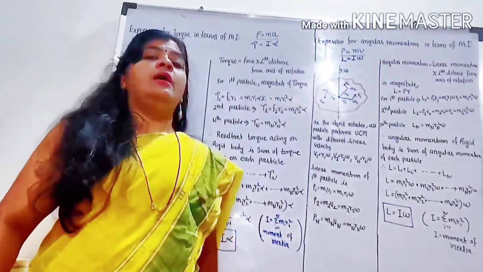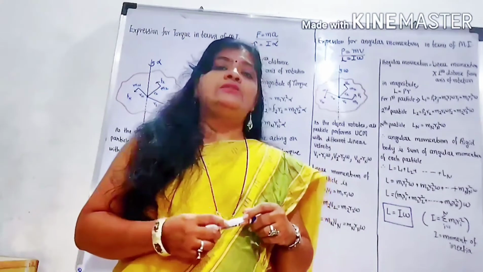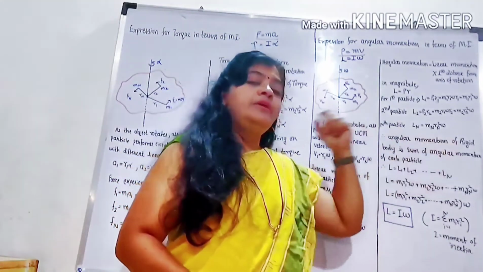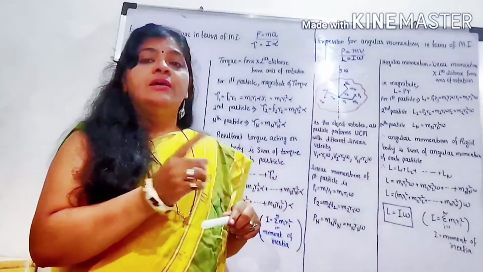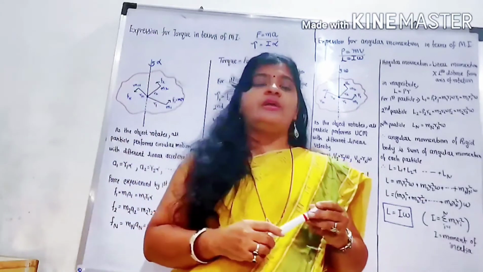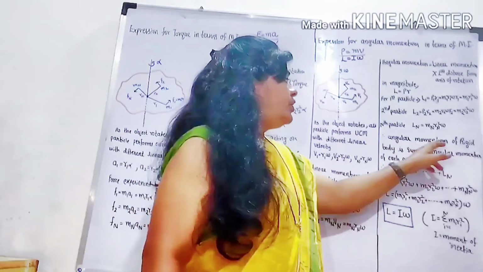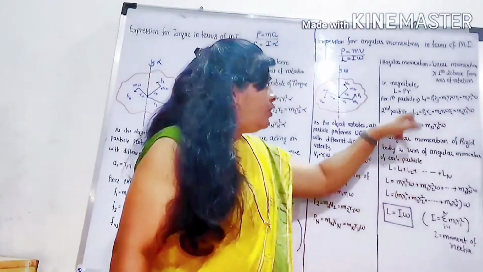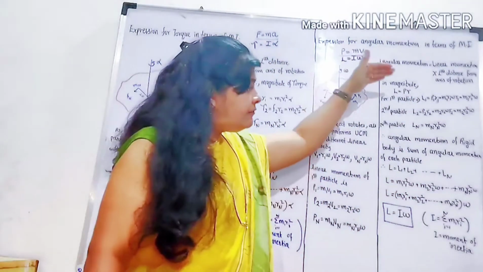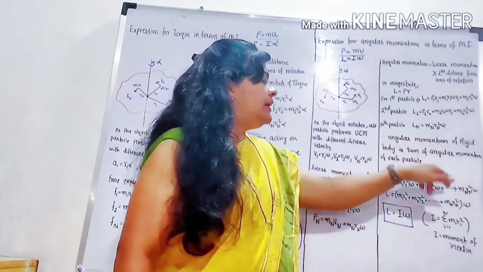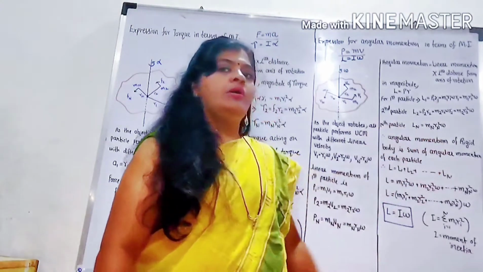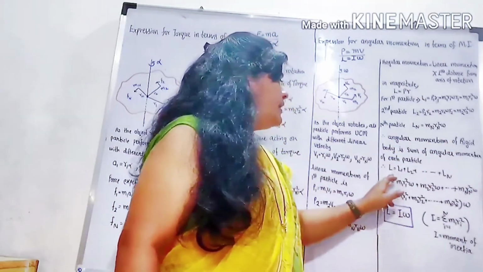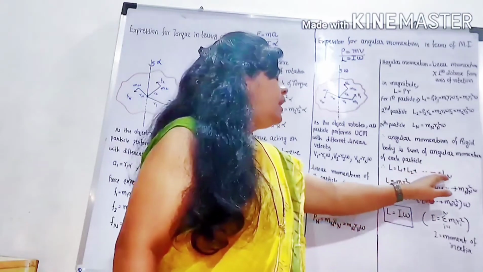In this way we calculate the angular momentum for each particle. Now if we add them, the resultant angular momentum of the whole rigid body is the sum of the angular momenta of each particle, which we have already calculated. Added together, you get the total angular momentum, that is the angular momentum of a rigid body. L is equal to L1 plus L2 plus Ln.